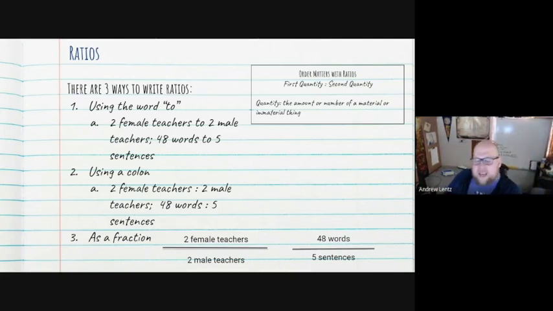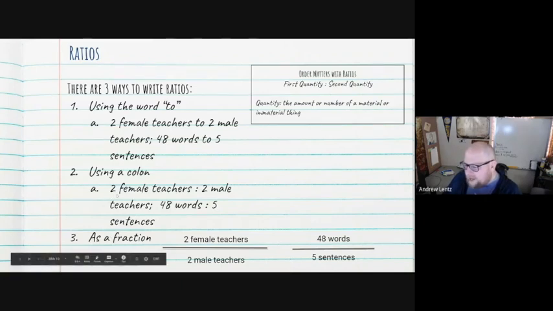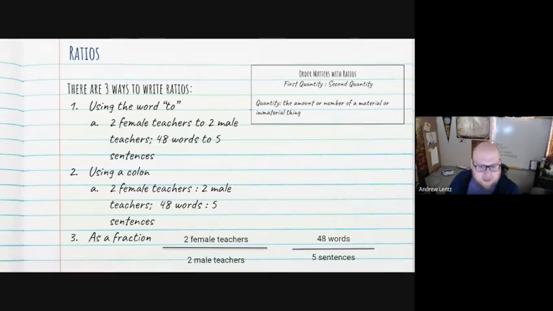Now, when we see that, yes, Bree, that is it. Yuma, that is it. Good job. When we see 2 female teachers, colon, 2 male teachers, we don't say colon. You're going to read it as 2 to 2. 2 female, 2 male, done. 48 to 5. 48 words, 5 sentences.